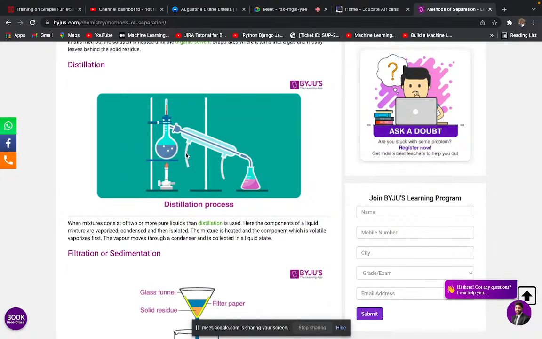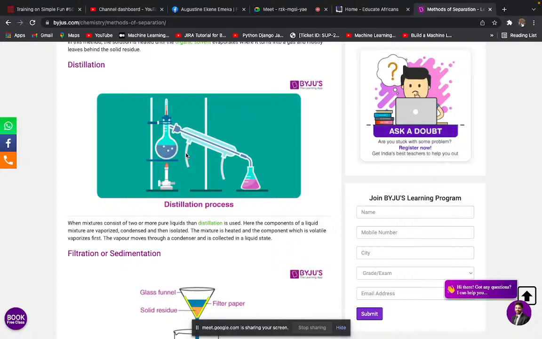So let's look at the fourth separation technique, distillation. When mixtures consist of two or more pure liquids, that's what you use distillation to separate. Here, the components of the liquid mixture are vaporized, condensed, and then isolated.